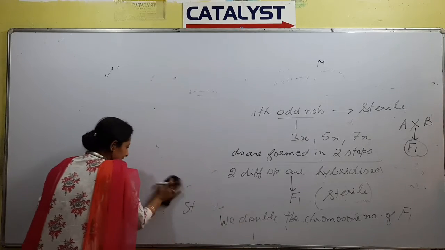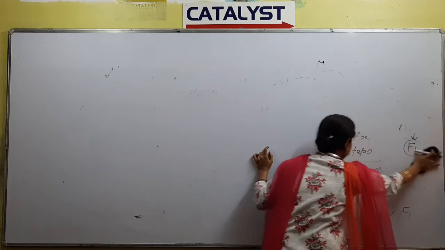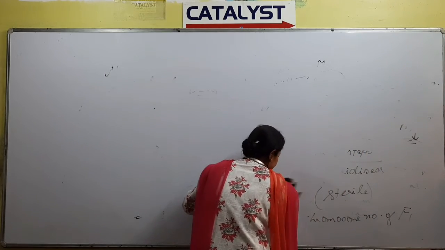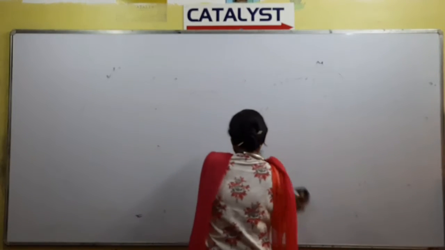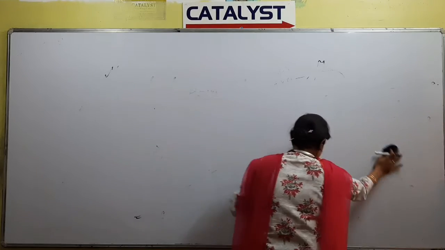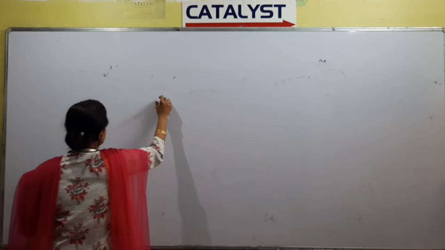Okay, so ultimately what we were discussing is the steps of plant breeding, right? The first step was collection of variability, which we have completed. Second is evaluation and selection of parents. So all these notes come under that heading. What was the third step of plant breeding?